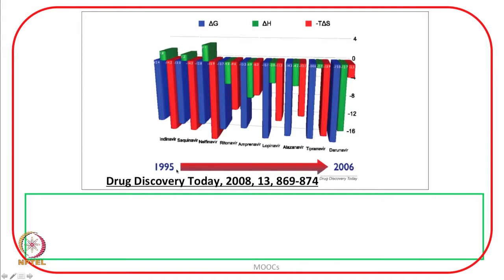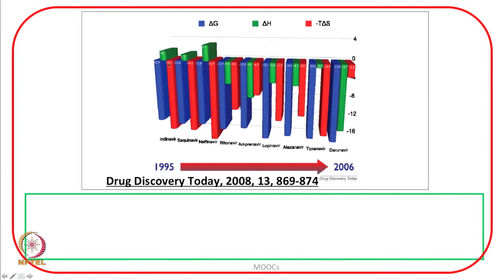1995, look at the binding. The association was accompanied by a positive change in enthalpy, endothermicity. And over the years, if you see, the green bars which were upwards are turning to downwards green bars.